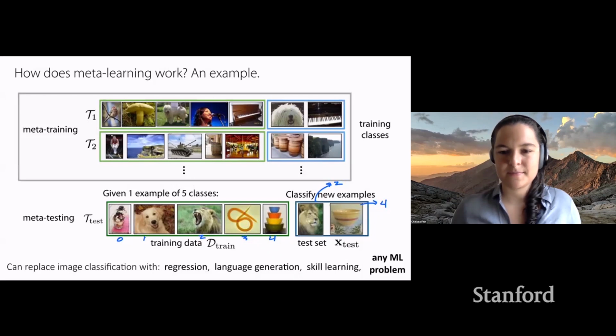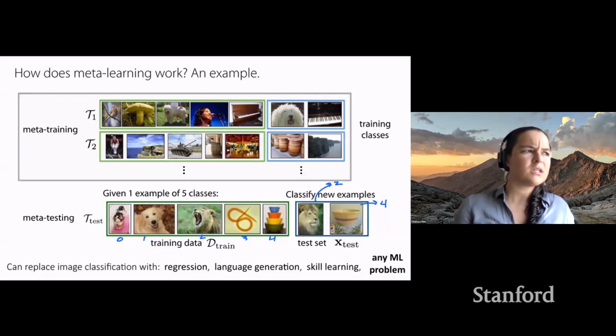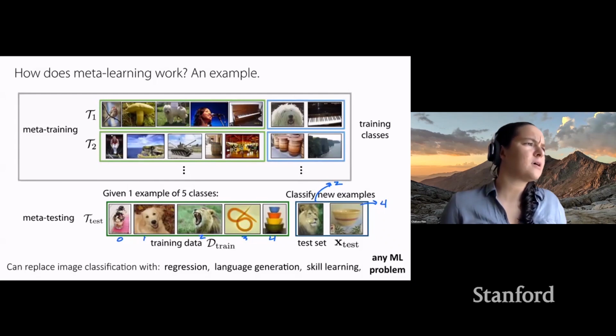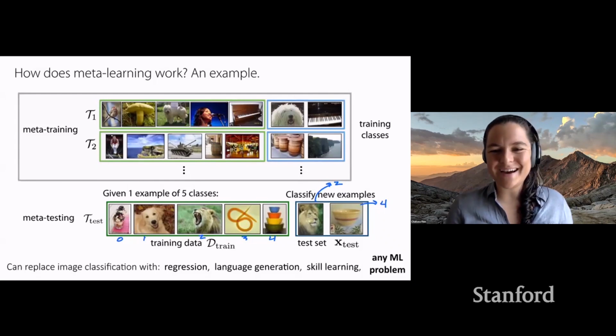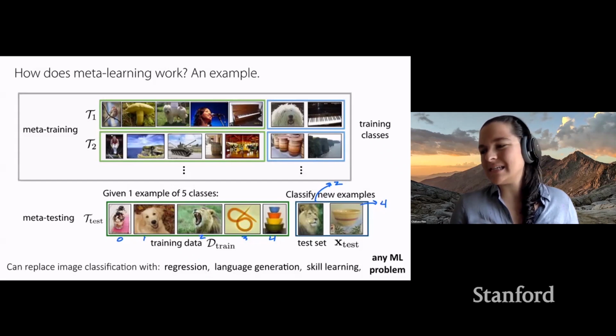My question is about the number of tasks required for meta learning. What is the minimum number we should have to even consider a meta learning problem? Is 5 or 10 sufficient, or do you need 25, 30? Yeah, that's a good question. I would say more than 1. The more tasks you have, the more effective it will be at generalizing to a new task.